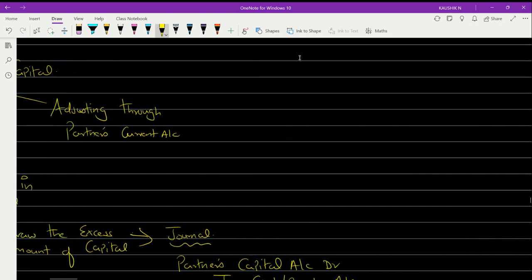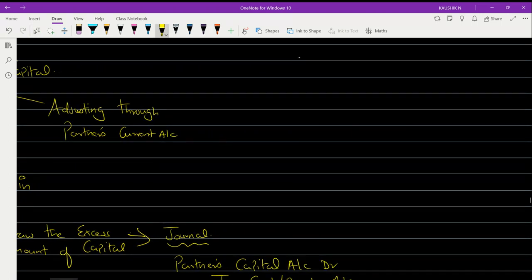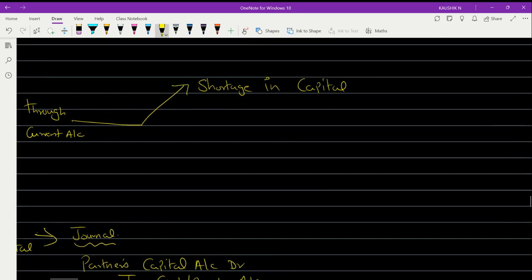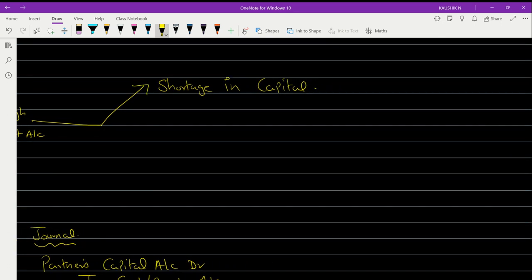Okay. Now, if it is going to be adjusted through the partner's current account, here also you have got two alternatives. One is shortage in capital. If there is a shortage in the capital, then you have to bring further capital.